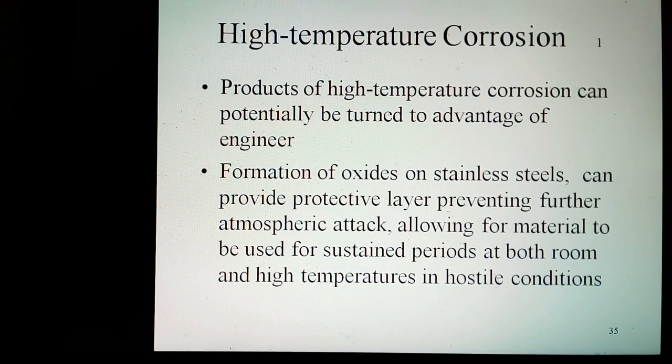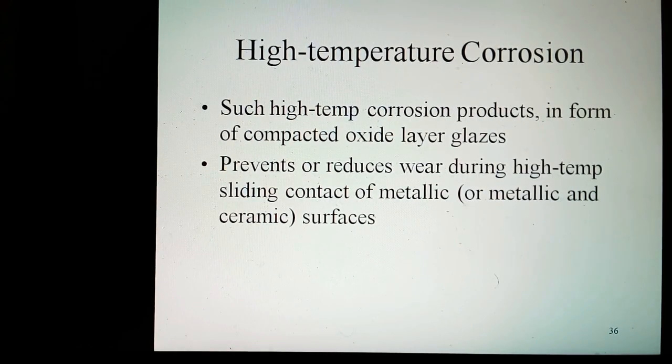Formation of oxides on stainless steels can provide a protective layer preventing further atmospheric attack, allowing the material to be used for sustained periods at both room and high temperatures in hostile conditions. Such high-temperature corrosion products, in the form of compacted oxide layer glazes, prevent or reduce wear during high-temperature sliding contact of metallic or metallic and ceramic surfaces.